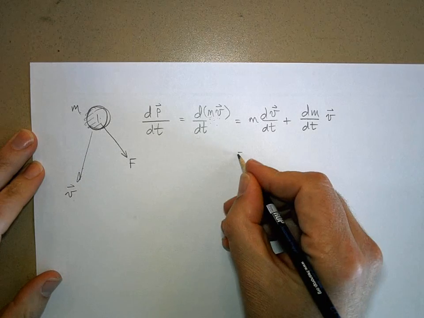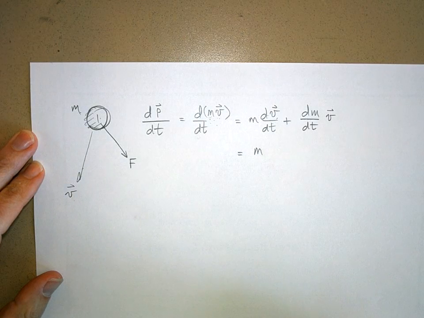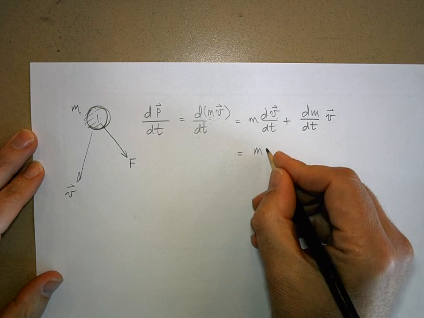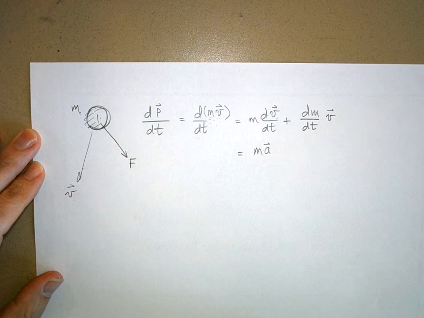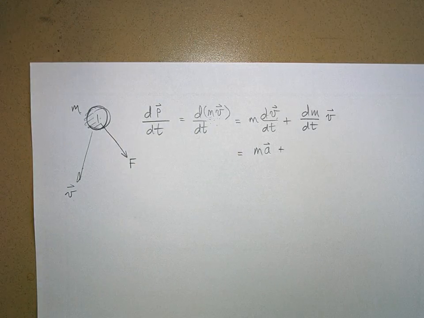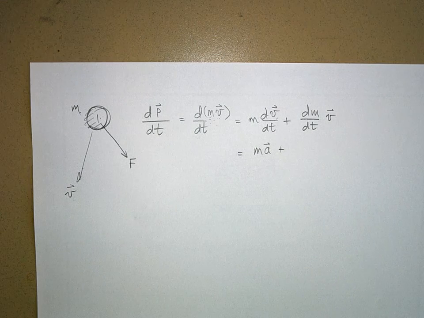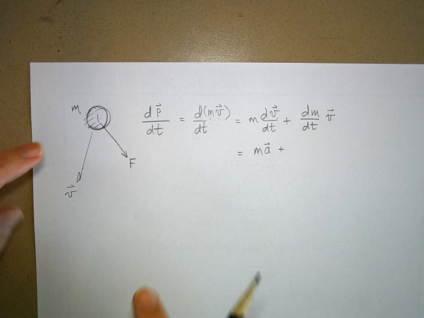Equals, well, this is m, and what is dv/dt? dv/dt is acceleration, plus, now dm/dt, what is that? That's the rate at which mass is changing. Zero. Now, in this case, it's 0.